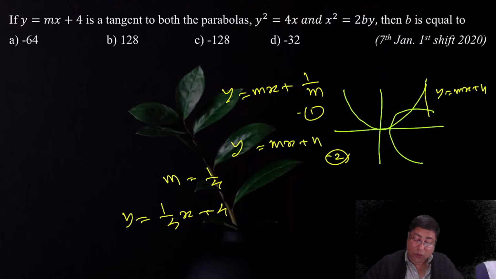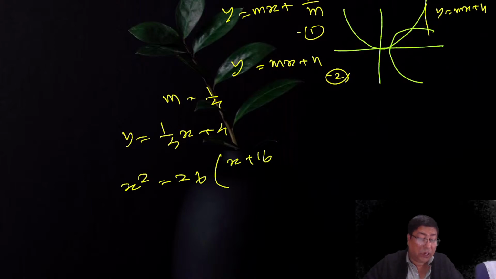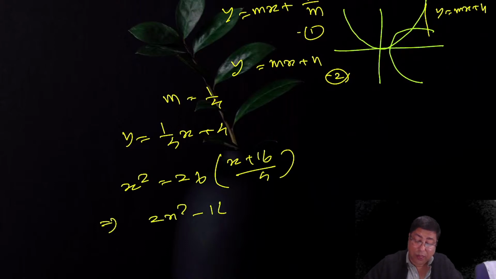So if we solve it, we are getting x square equal to 2b. Instead of y, put the value x plus 16 by 4. Therefore, if we calculate, we are getting 2x square minus bx minus 16b equal to 0, which has equal roots.